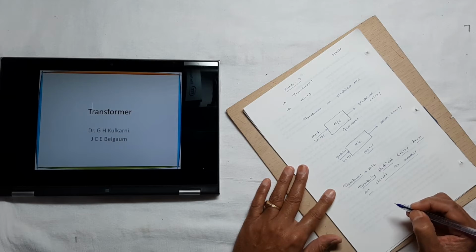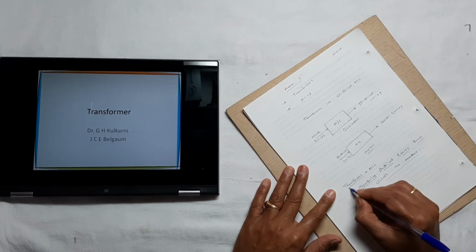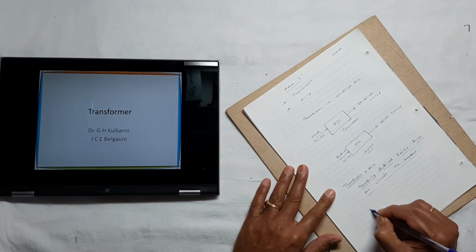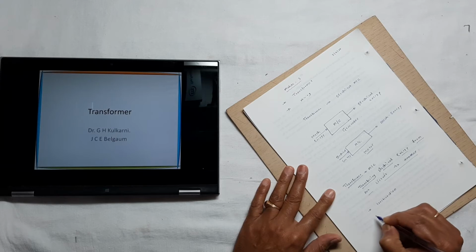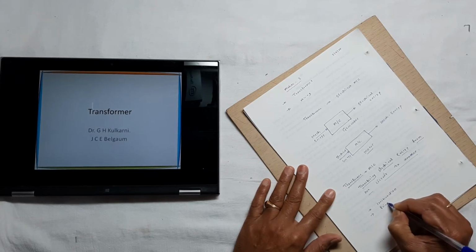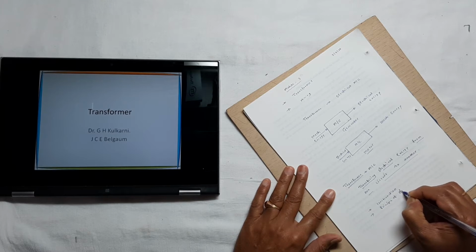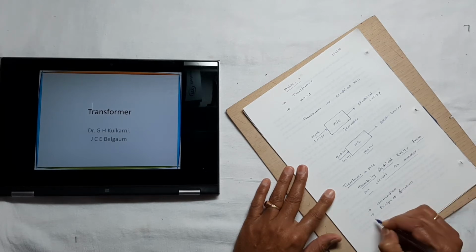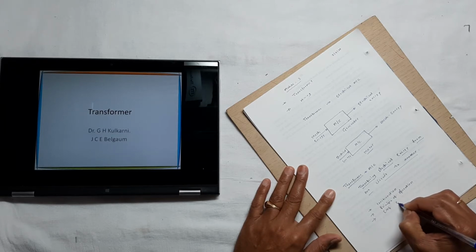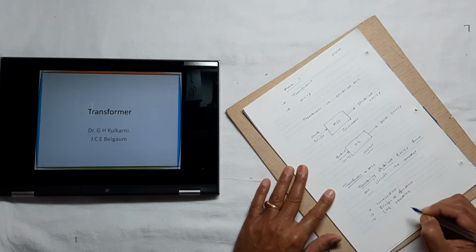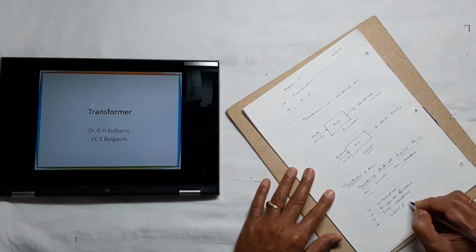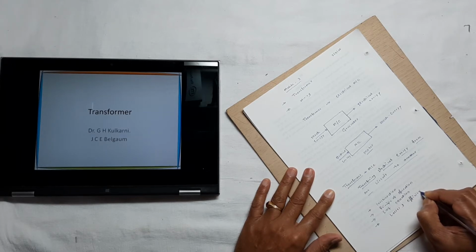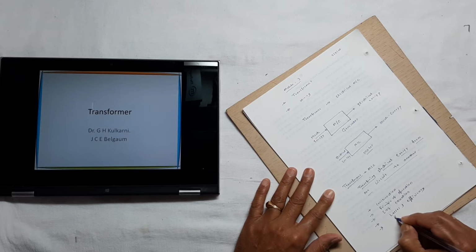Then what is the importance of the transformer in the electrical system? That we will look into step by step. That is, we are studying a transformer, its construction, principle of operation, EMF equation, then losses and efficiency, and the regulation.